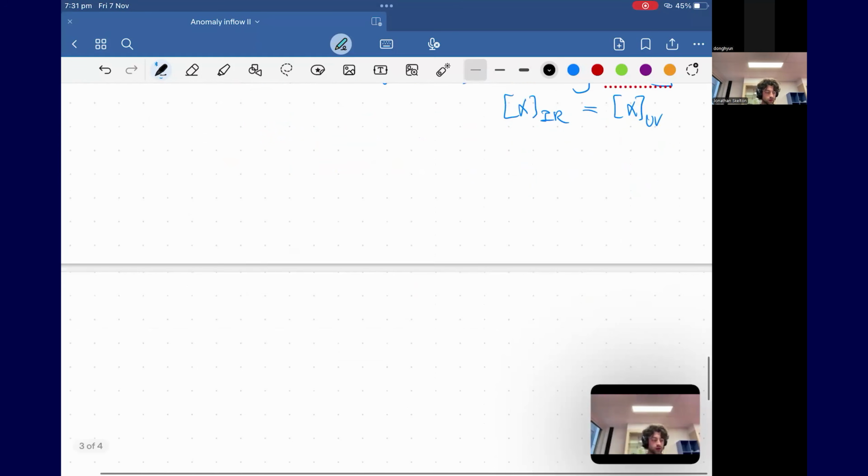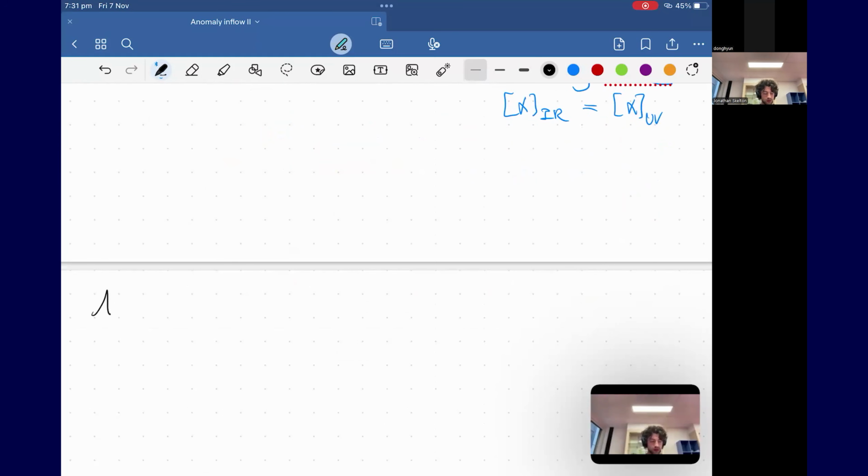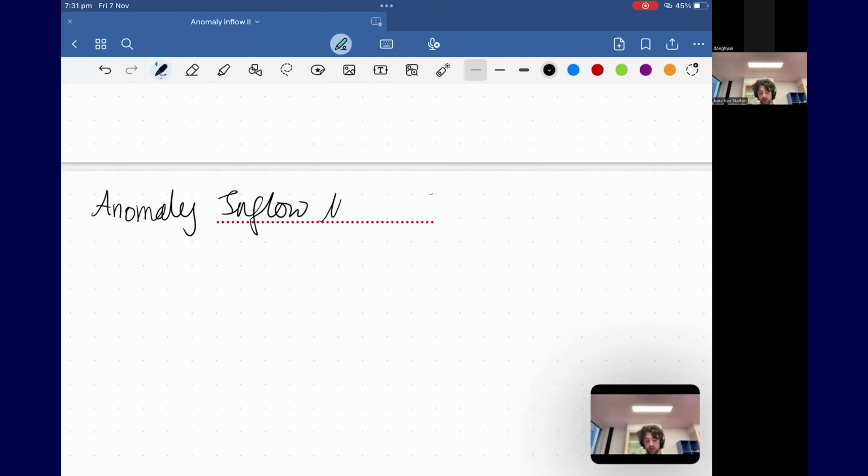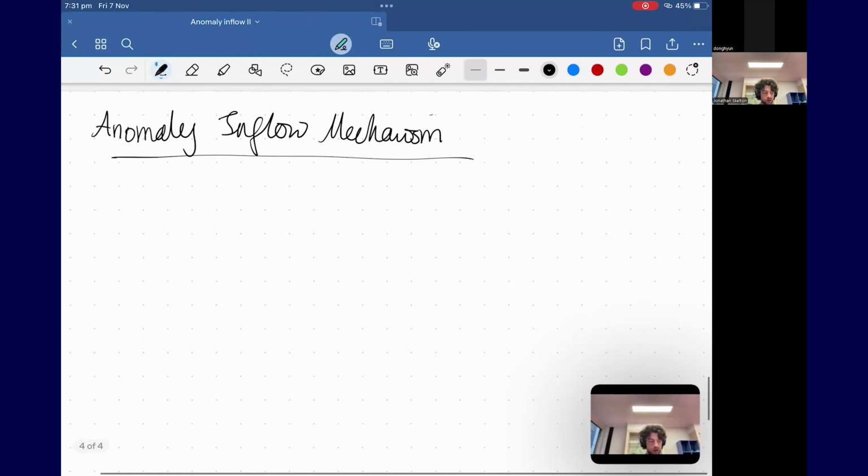Now just a quick thing to mention about what Jesse said last week, the anomaly inflow mechanism. There are really two purposes for this.